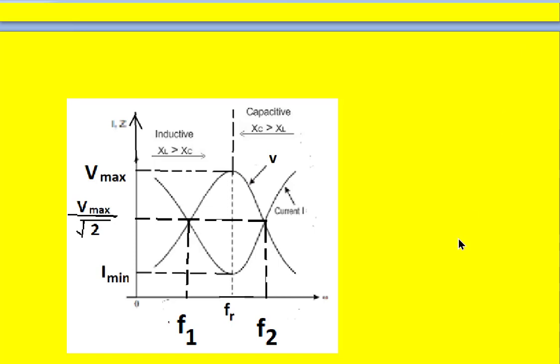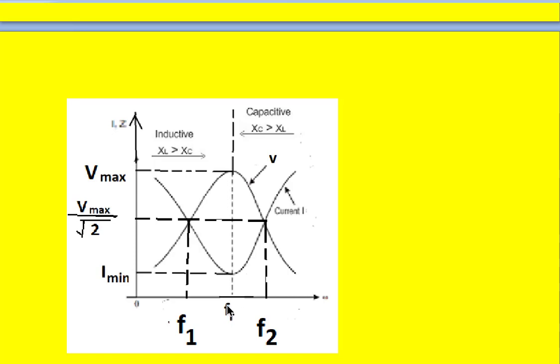Here it can also be observed in the plot of frequency versus current that the current is minimum under resonance condition. Here this is the resonance frequency and the current is minimum, whereas to the left of the resonance frequency current is more, and similarly to the right current is more.